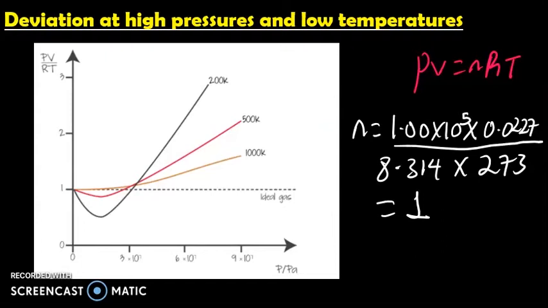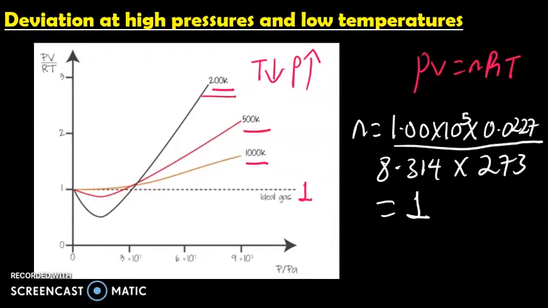To interpret this graph, we have 3 different temperatures: 200K, 500K, and 1000K. The temperature that has shown the largest deviation from the ideal gas value of 1 is the one with the smallest temperature, which is 200K. So this shows us that at low temperatures and high pressure, real gases cease to behave as an ideal gas.